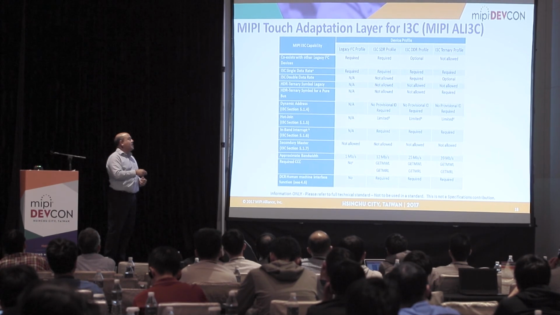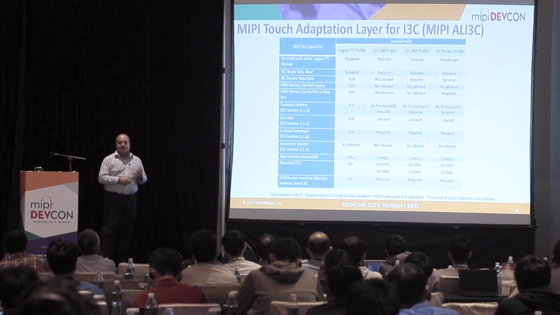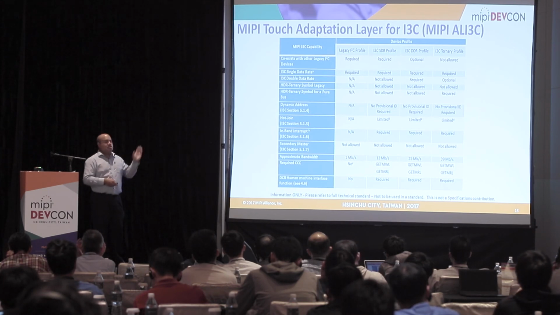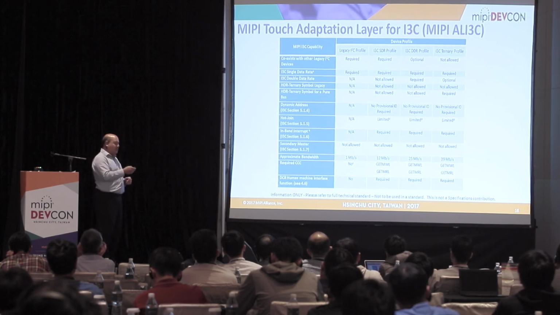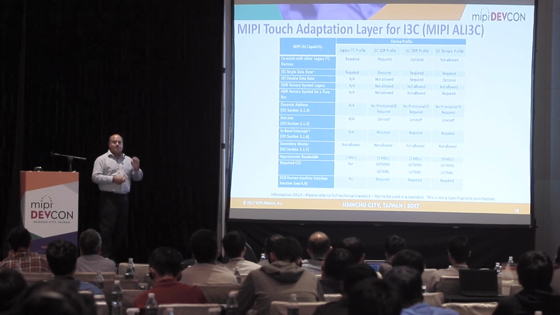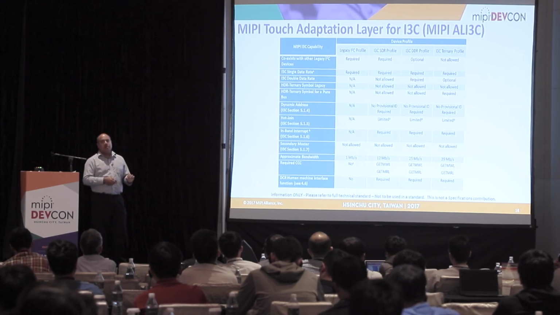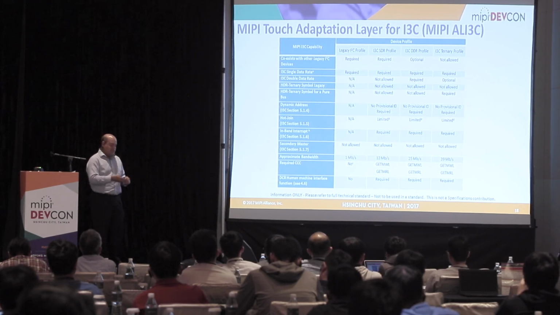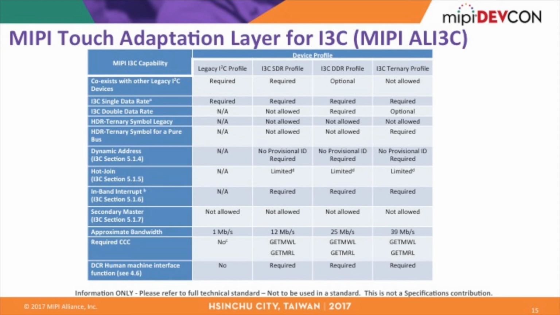And if you really need the high performance, a TSP or TSL sensor. Again, I'm not going through this table. Please look at the different profiles. The key thing to realize is that in all of these I3C profiles, mandatory data byte is required, and you will have access to the very fast, low latency modes.